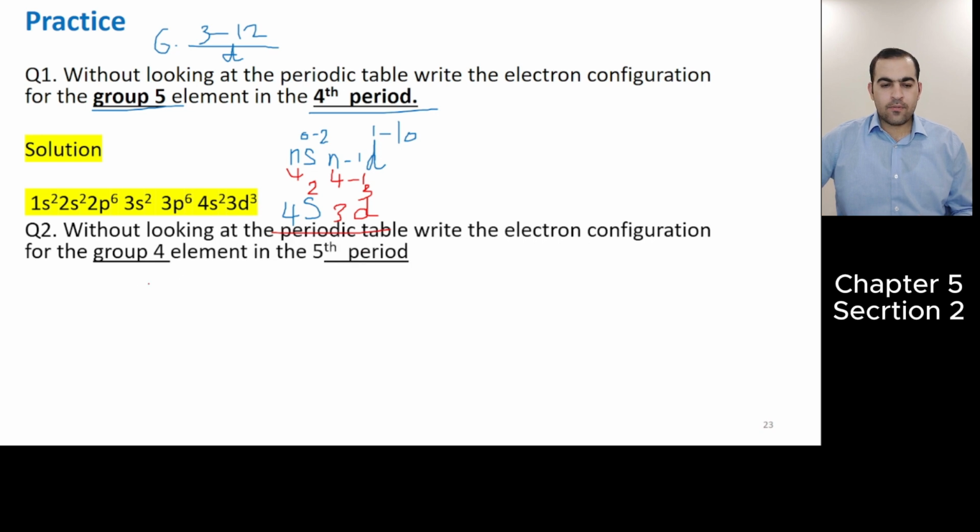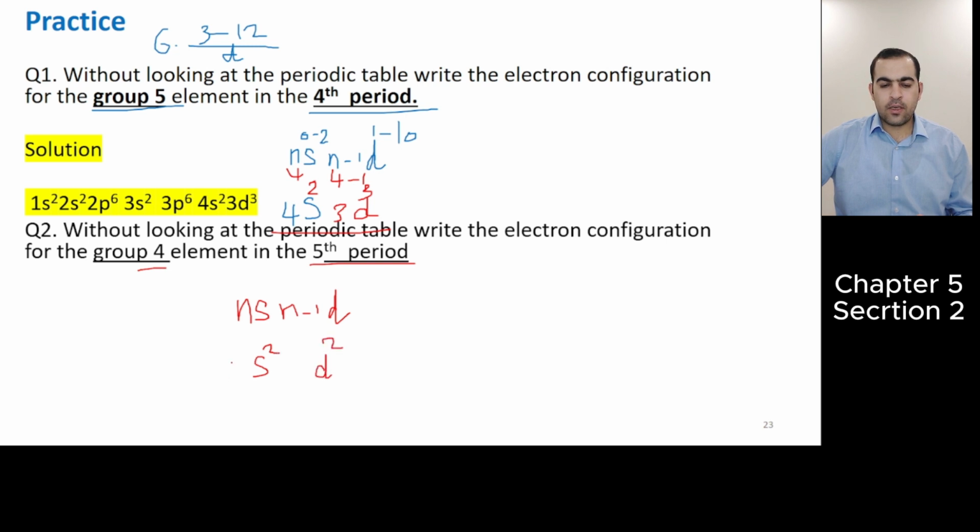So this one, group 4, 5th period. Group 4 is in D block: ns, (n minus 1)d. Here group 4 means there are 4 electrons in the last S and last D, so it's going to be s2 and d2.